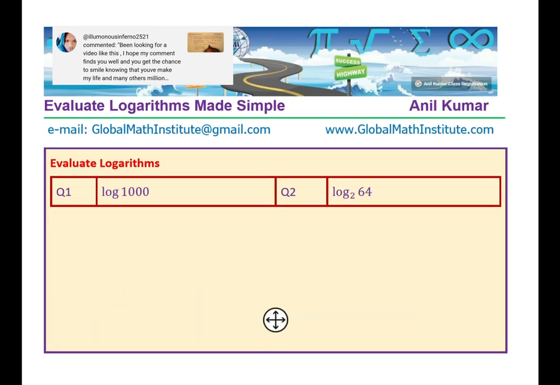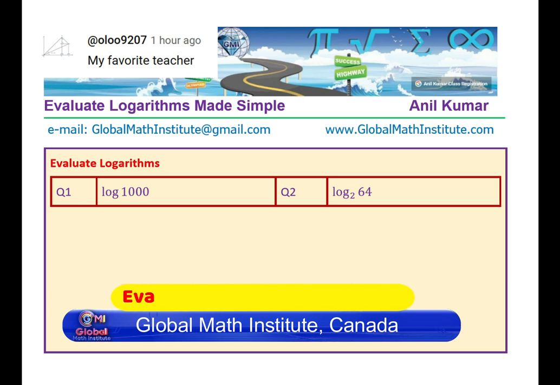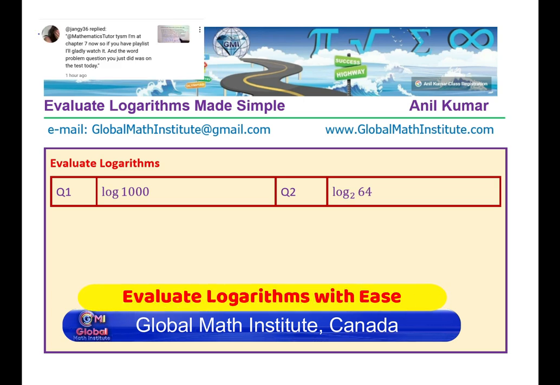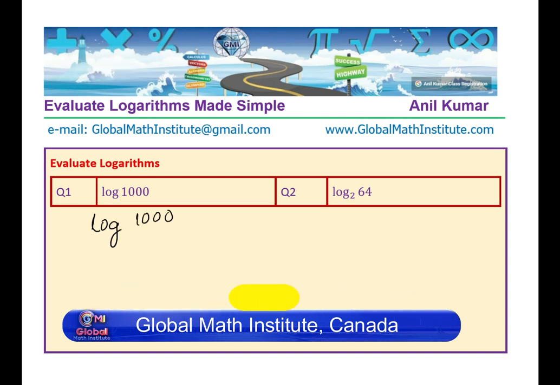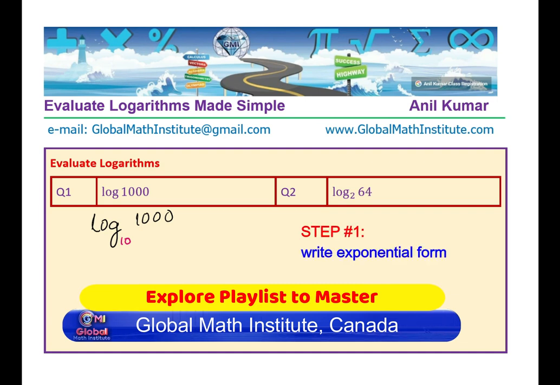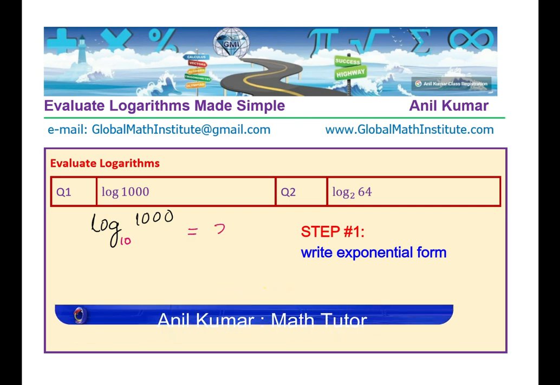Question number 1 and 2. Evaluate logarithms: log of 1000. When we write log of 1000, the base is 10, right? Whenever it is not mentioned, by default the base of this log is 10. We need to evaluate, so let us rewrite this as equal to x.